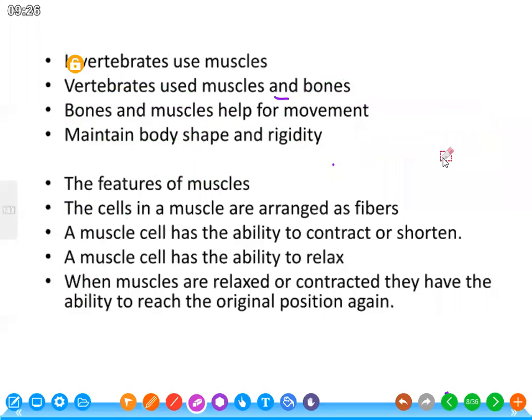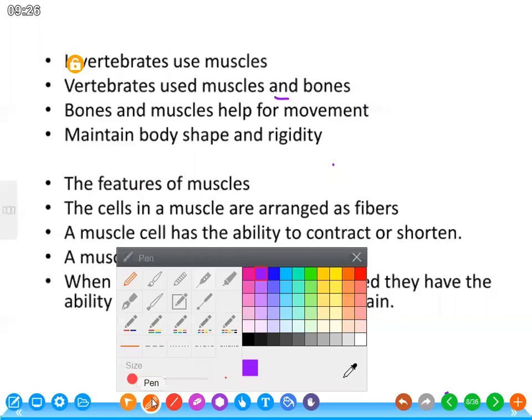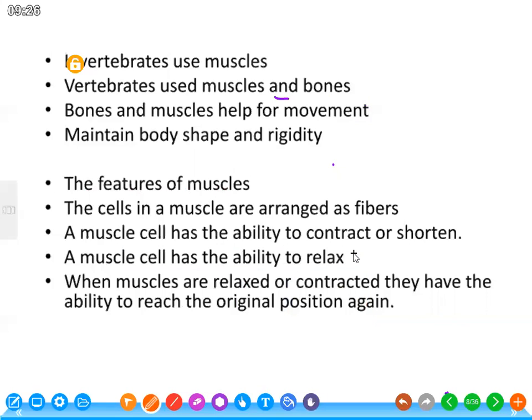Let us see about the features of muscles. What are the features of muscles? The cells in a muscle are arranged as fibers. So muscle is made up of muscle cells.